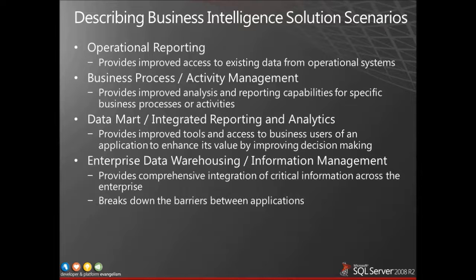But I have to confess, that is an unrealistic first step to take into BI. What you are generally going to find is something at the other end of the spectrum. You see here the fourth point is enterprise data warehousing.